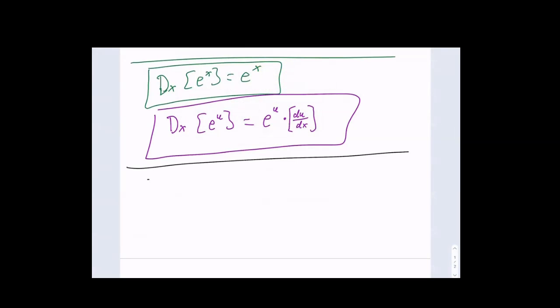Let's look at some examples. We're going to find f prime of x. My first example is f of x equals e to the 3x. What is f prime of x?